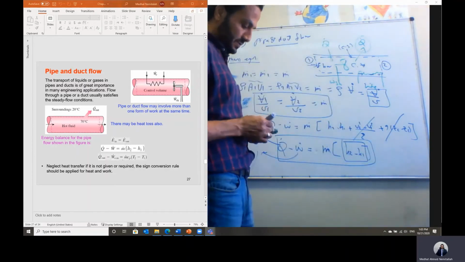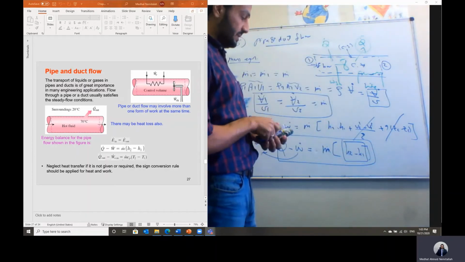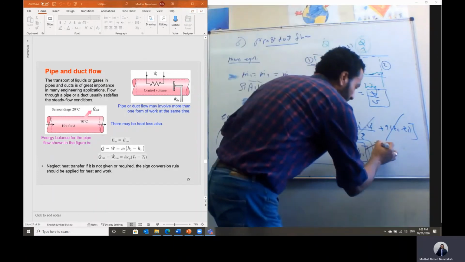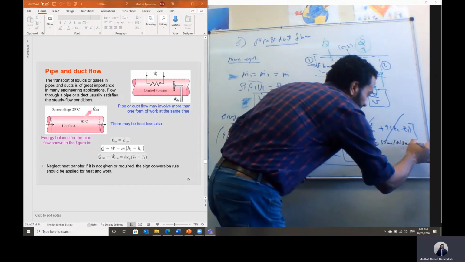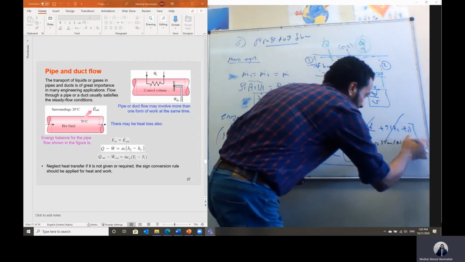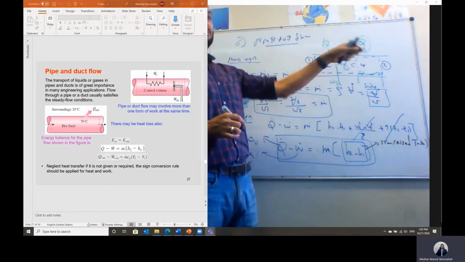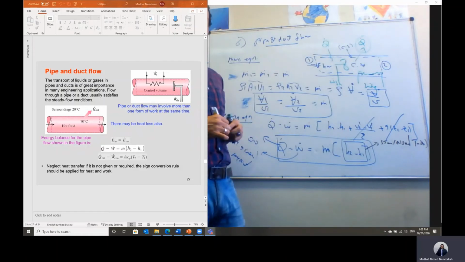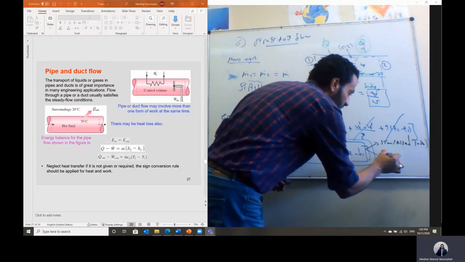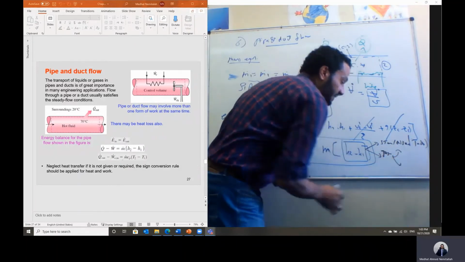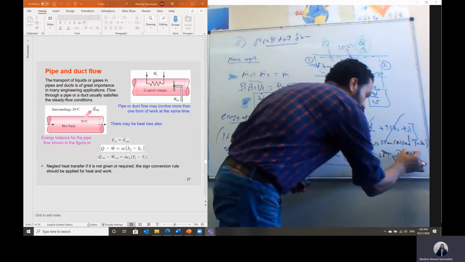I will just stress on this again. We say delta h, if the working fluid is steam or refrigerant 134a, then in this case I will be using the tables. The conditions at the inlet and outlet sections will be given, then I can use the tables to calculate h1 and h2. And in case of gases, we said we have two cases, variable specific heat and constant specific heat.